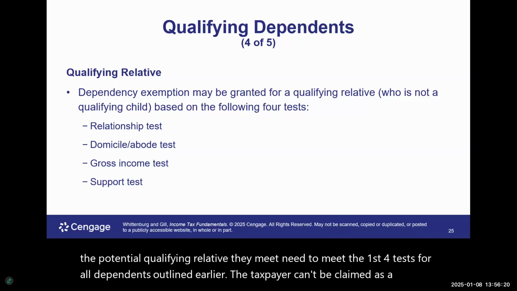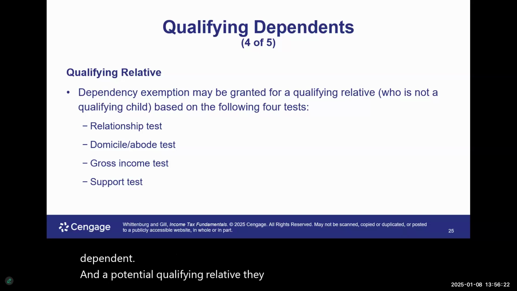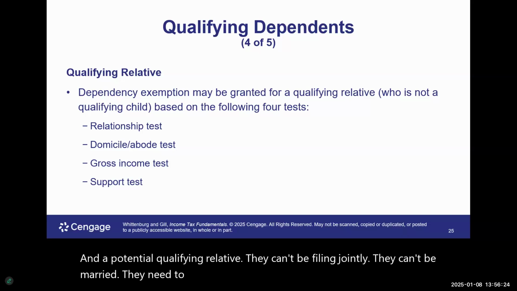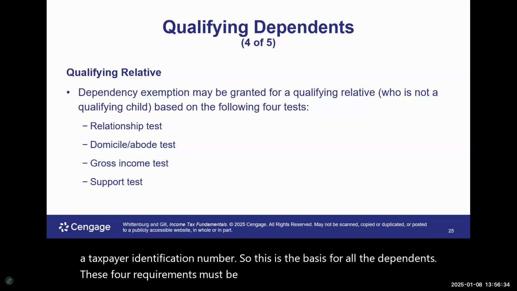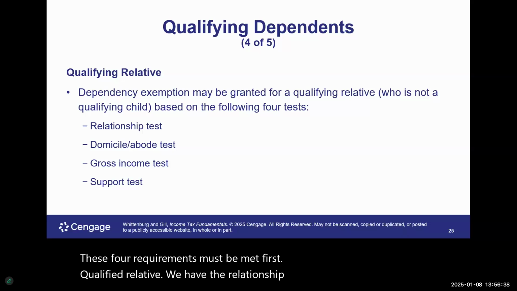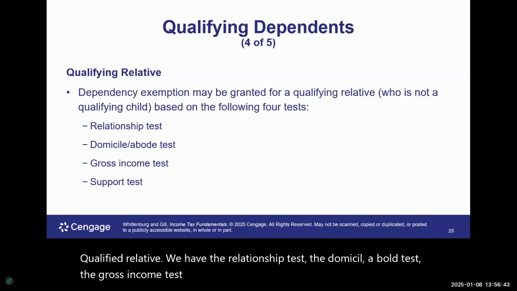And a potential qualifying relative can't be filing jointly, can't be married, needs to be a U.S. citizen or resident alien, and must have a taxpayer identification number. So this is the basis for all dependents. These 4 requirements must be met first. And for the qualifying relative, we have the relationship test, the domicile or abode test, the gross income test, and the support test.